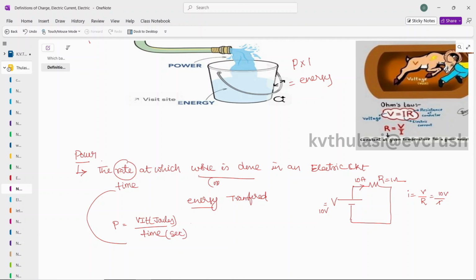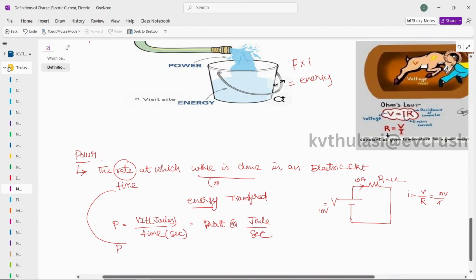Here you can see the unit of power is watts, or another unit is joule per second. Mathematically, power P is represented as dW divided by dt.